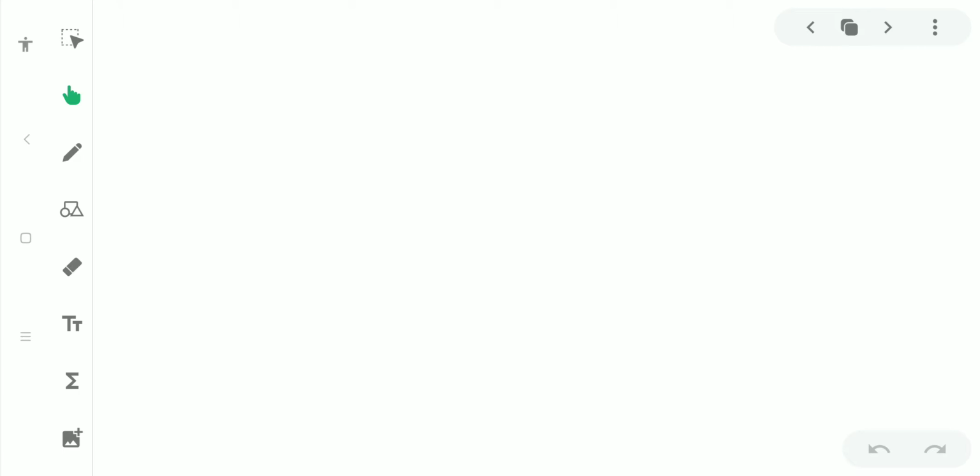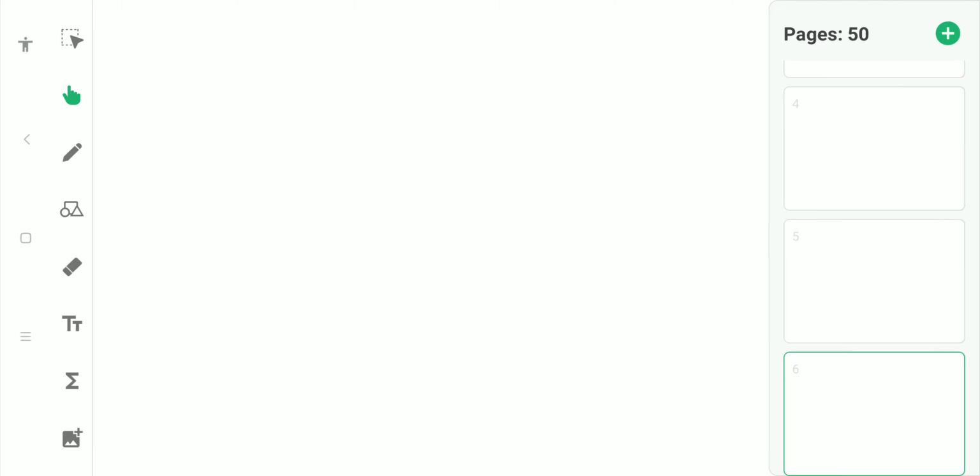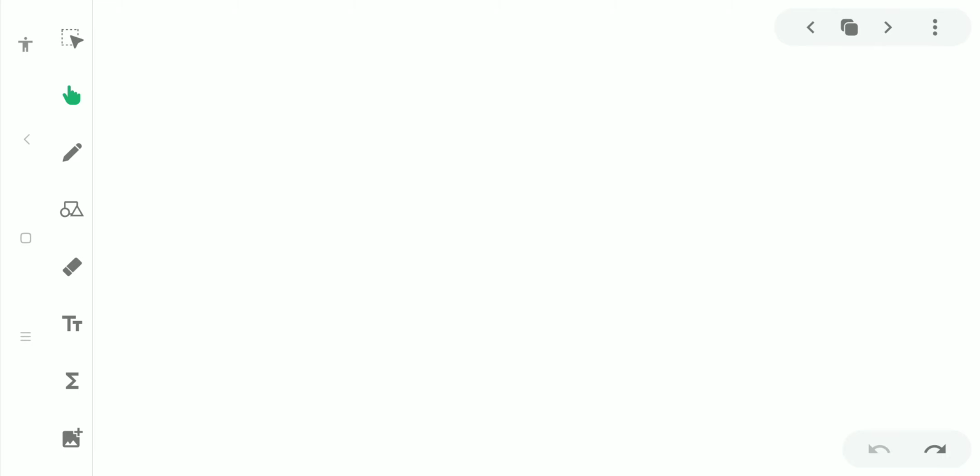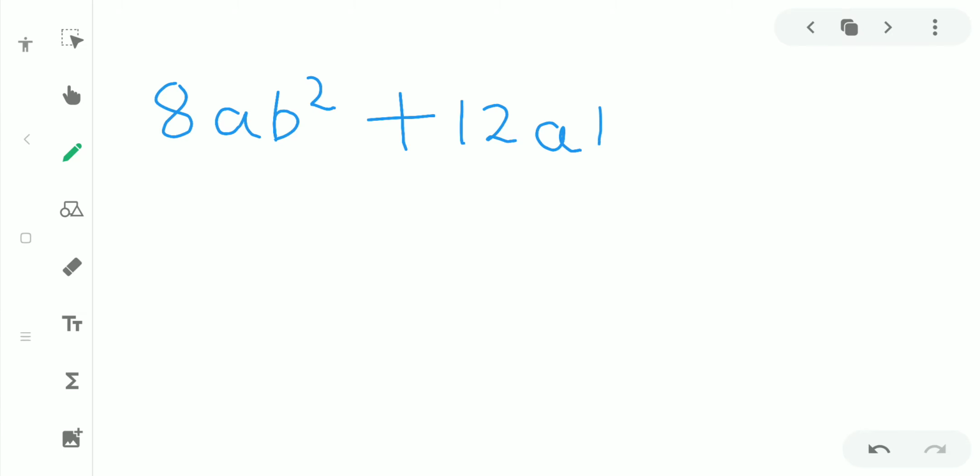Suppose, let us take an example: 8ab square plus 12ab.